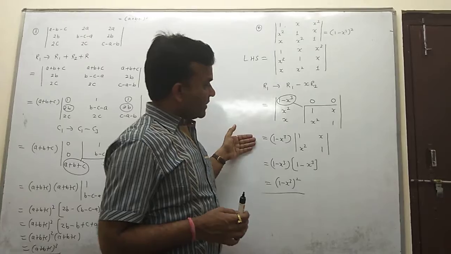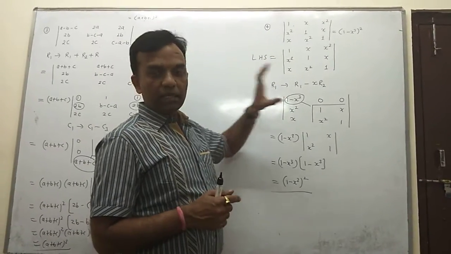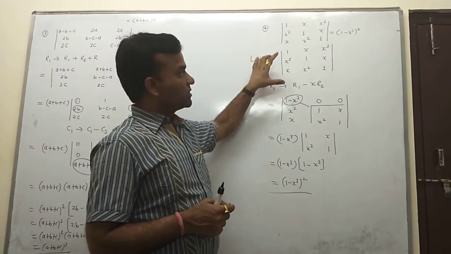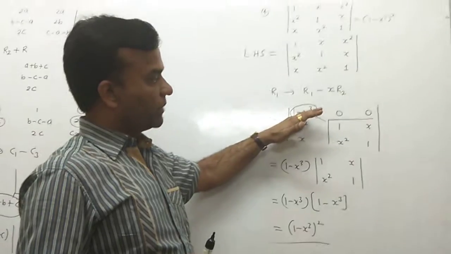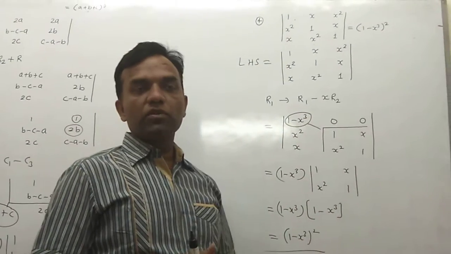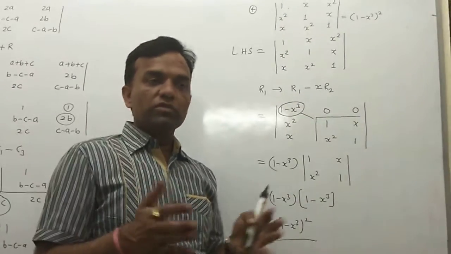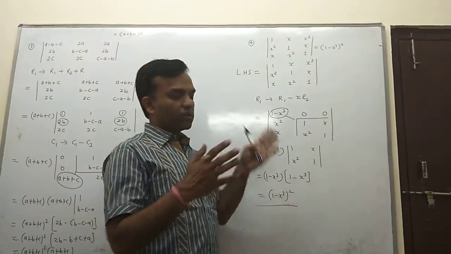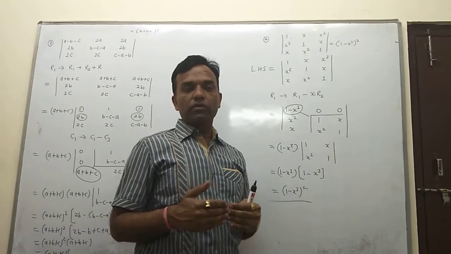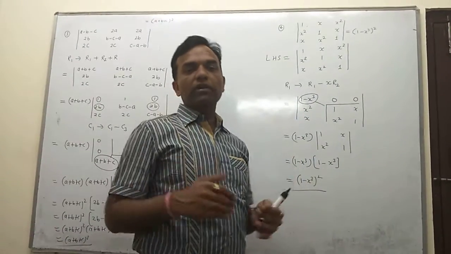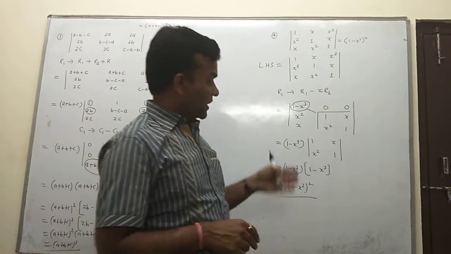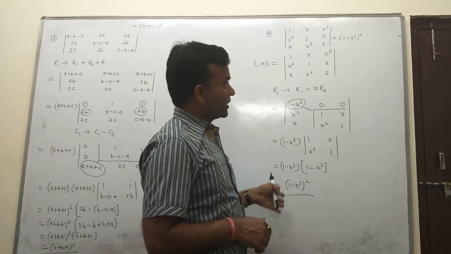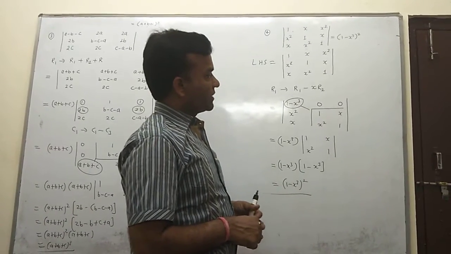But in this concept we have only a single operation to apply, because you have the pair of zeros in your determinant, so your determinant reduces by one order. You have a 3 by 3, then it converts into 2 by 2. You have 4 by 4, then it converts into 3 by 3. So now you achieve your result in a very easy form, with easy operations.